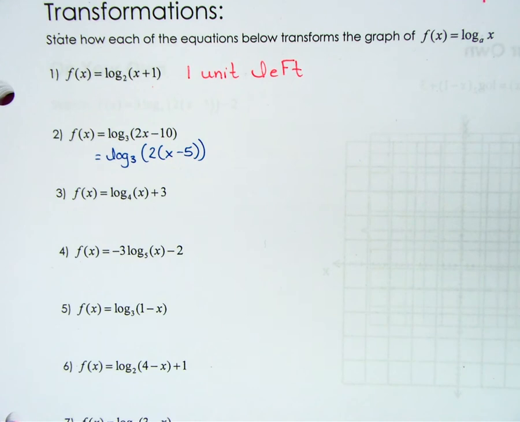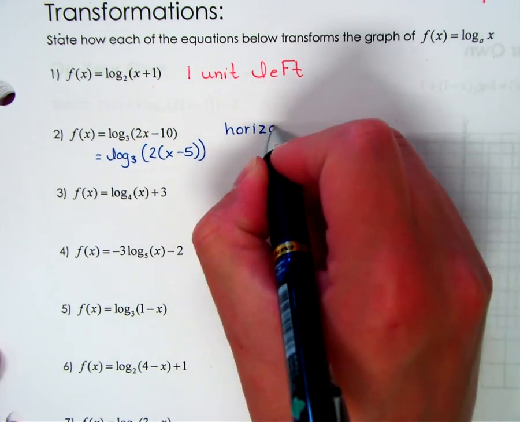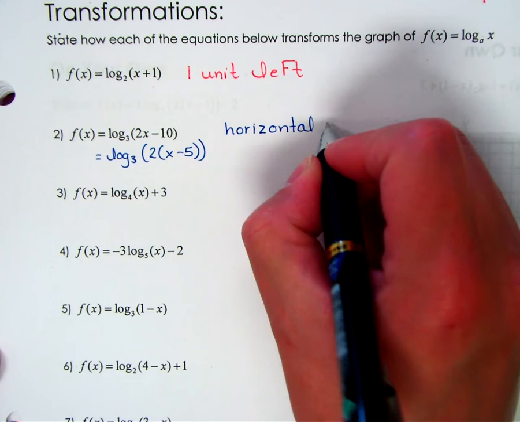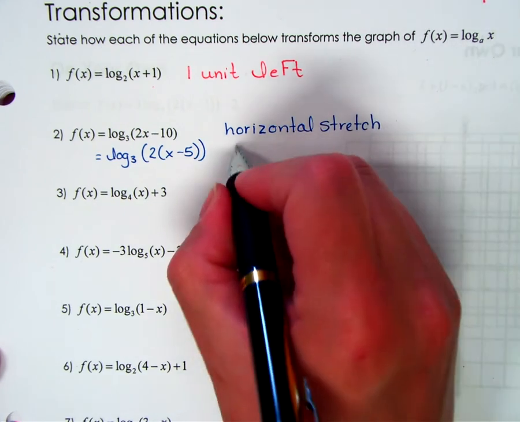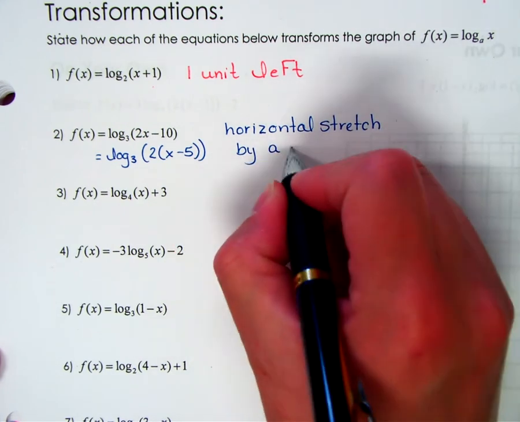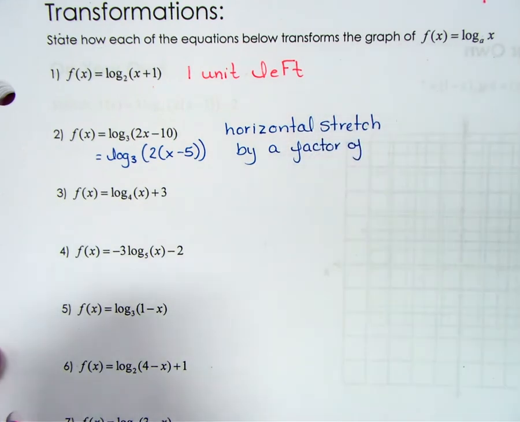You have to do that factoring first, or your shift won't be correct. Your stretch will, but your shift won't be. So this is going to be a horizontal stretch by a factor of 1/2.